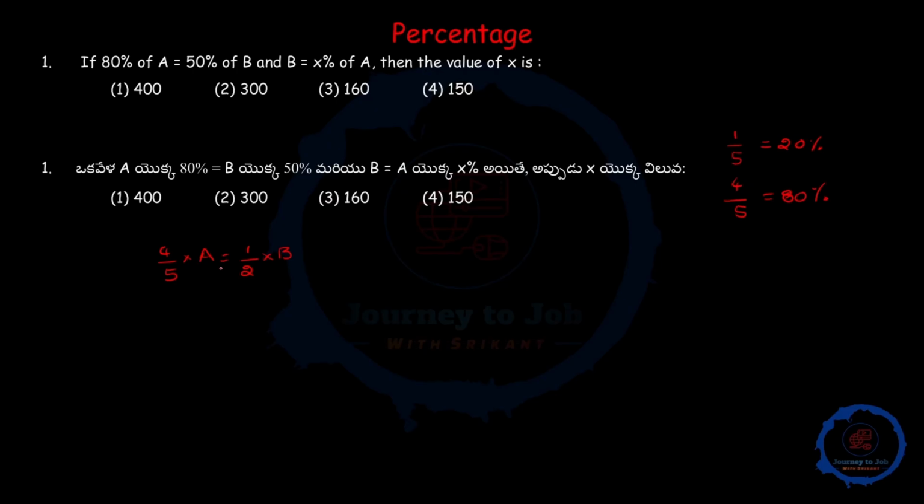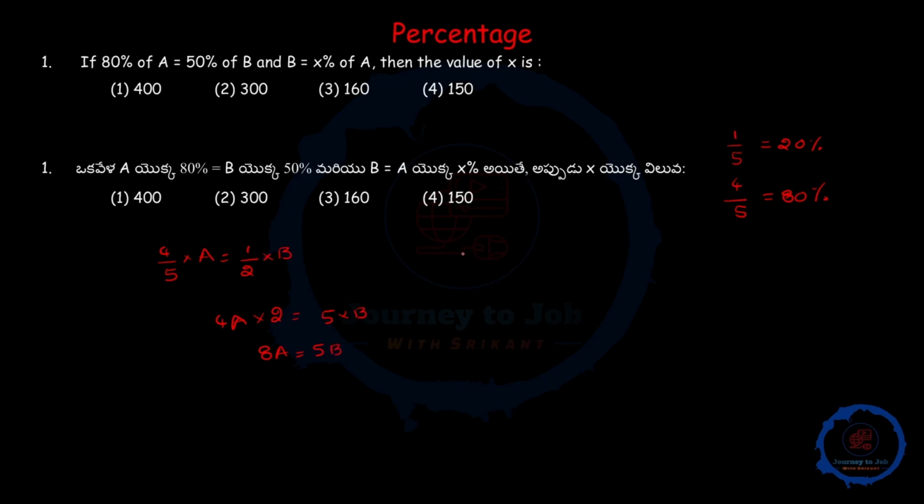So 4 by 5 A is equal to 1 by 2 B. Now if you try to cancel, nothing will cancel, so cross multiply. 4A into 2 is equal to 5 into B, means 8A is equal to 5B.